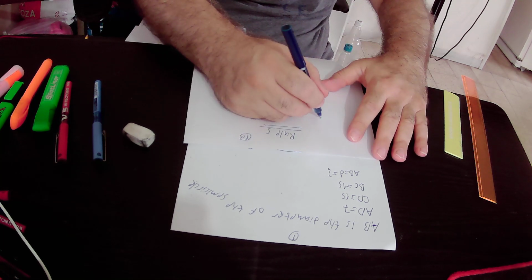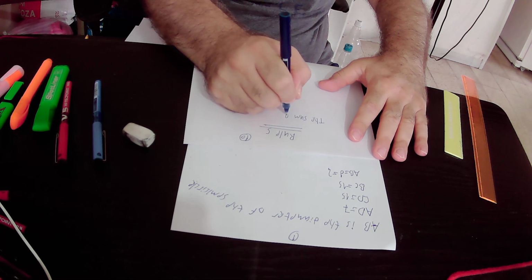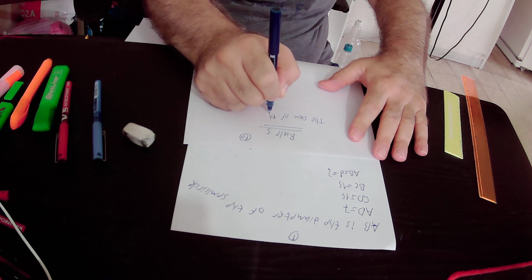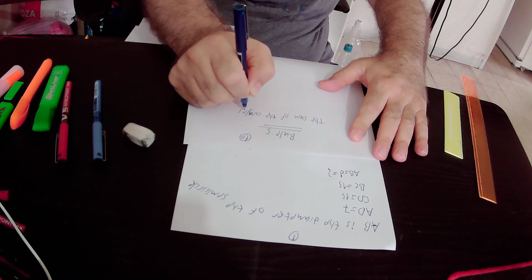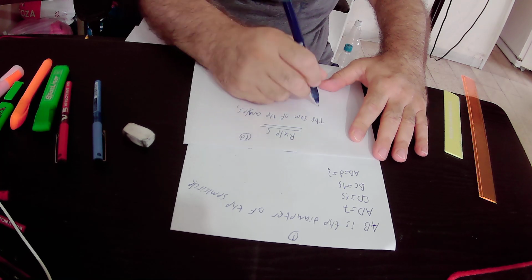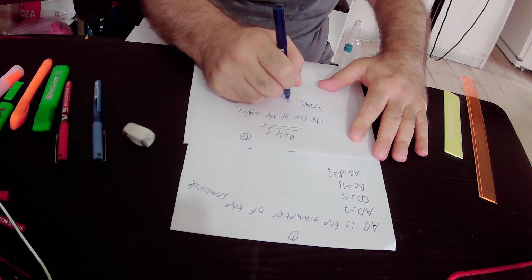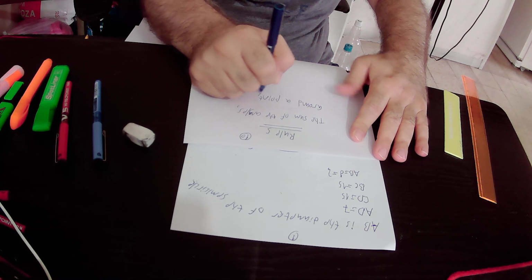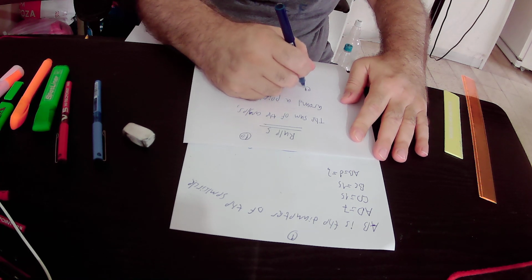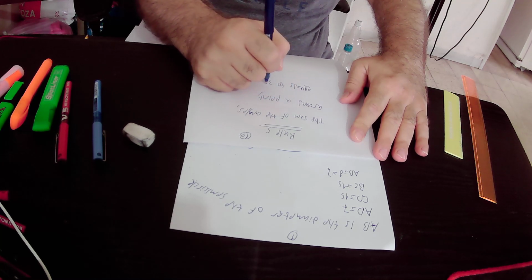According to rule number 5, the sum of the angles around the point equals to 360 degrees.